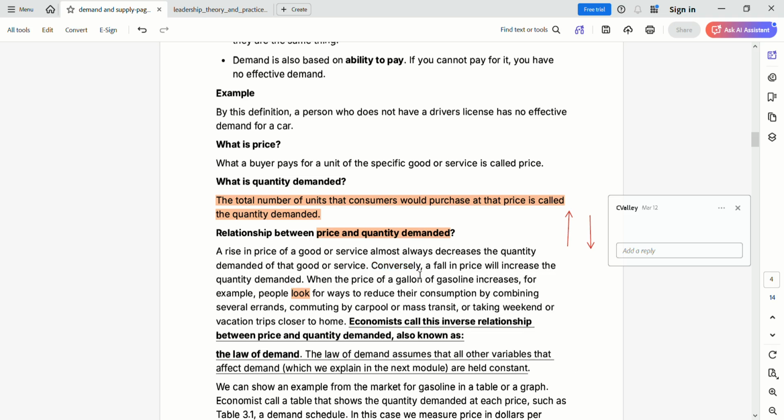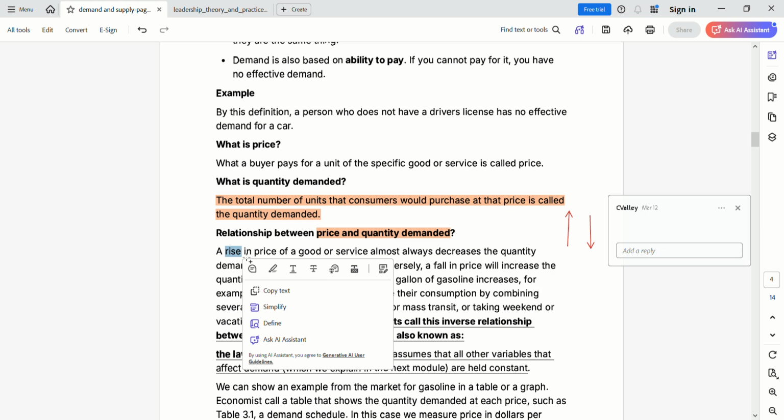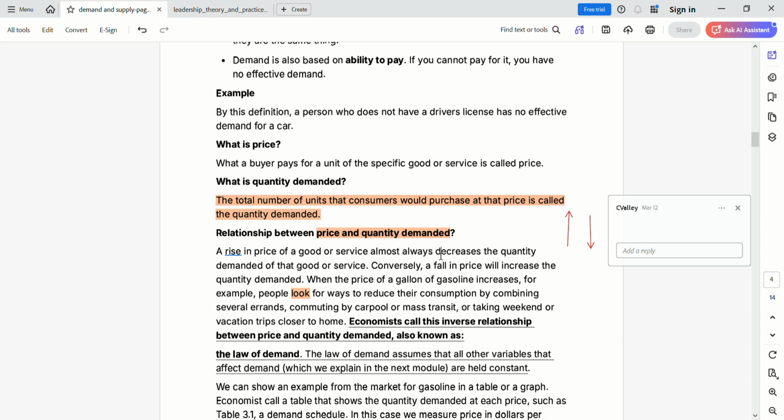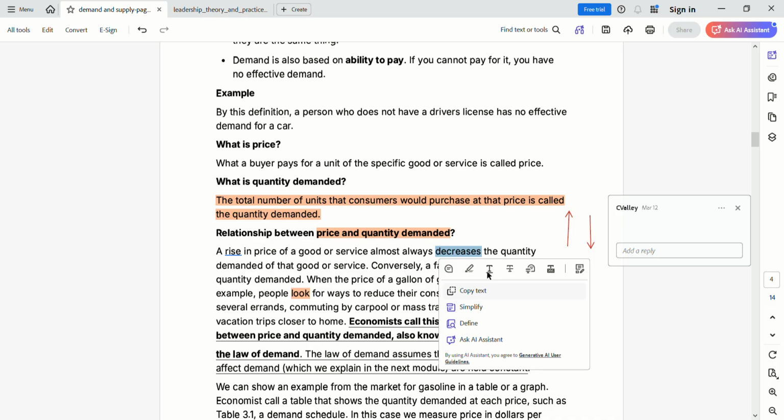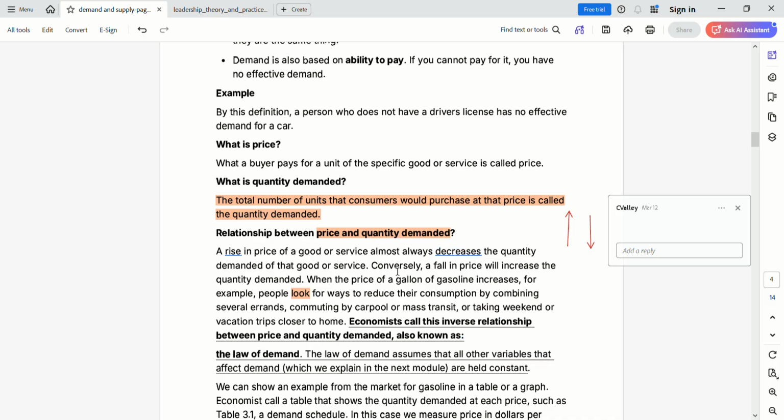Here we can see that a rise in price is followed by a decrease, and a fall in price will increase the quantity demanded. Here the price falls and the quantity demanded increases. So these are two sides of the definition.